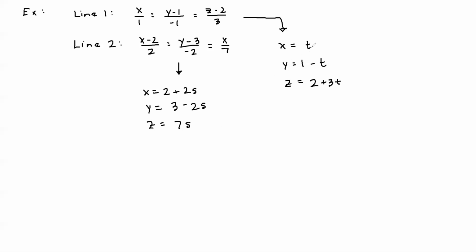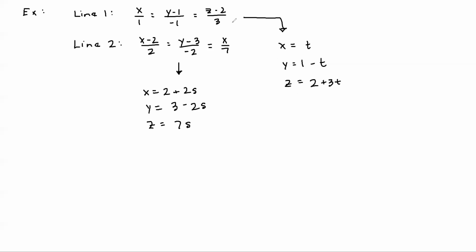If t is 0 for this line, that might go through a point where for the other line it would not be at s equals 0; it might be at s equals 5. So you need two different variables so that this one could go through a point at t equals 0, and this one could go through the point at s equals 5, right? Whereas if you use the same variable, it would be confusing.